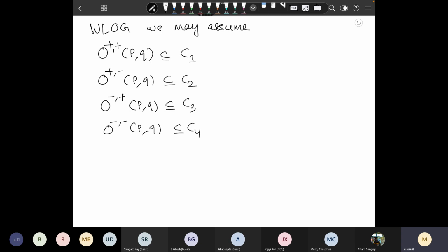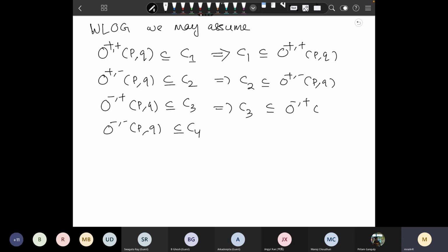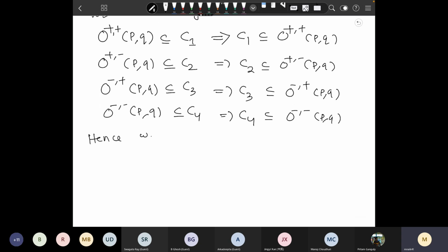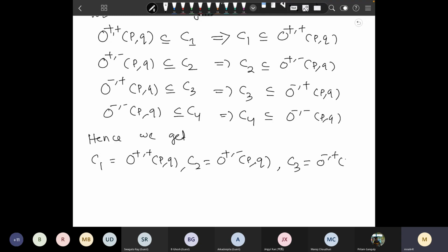Since C1 contains only elements of O plus plus P comma Q, this trivially implies that C1 is inside O plus plus P comma Q, and similarly C2 is inside O plus minus P comma Q, C3 inside O minus plus P comma Q, and C4 inside O minus minus P comma Q. Hence we get this equality: C1 is equal to O plus plus P comma Q, C2 is equal to O plus minus P comma Q, C3 is equal to O minus plus P comma Q, and C4 is equal to O minus minus P comma Q.